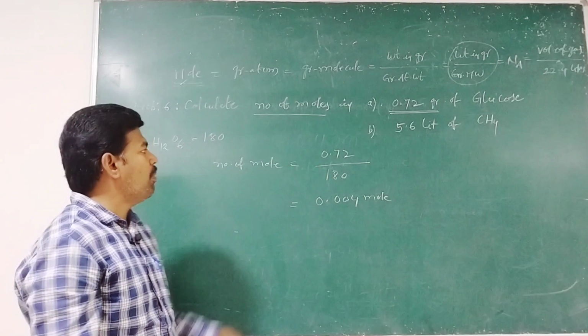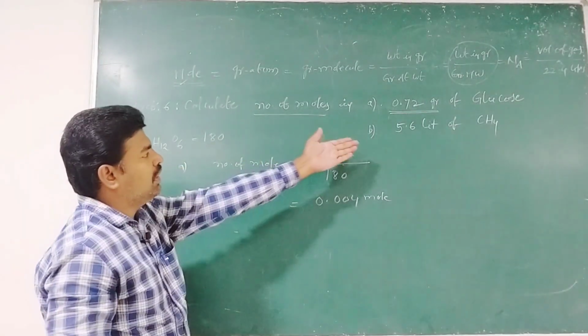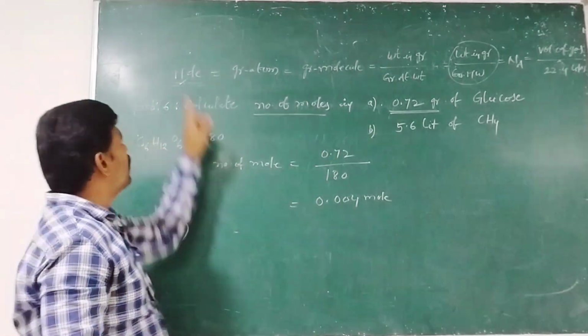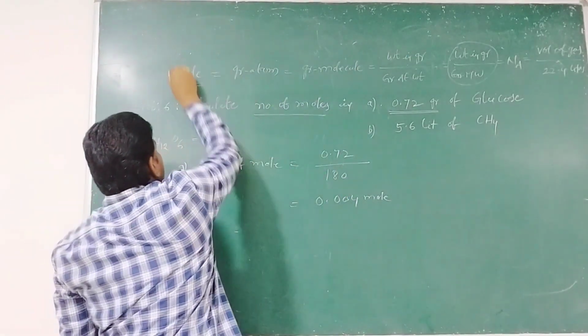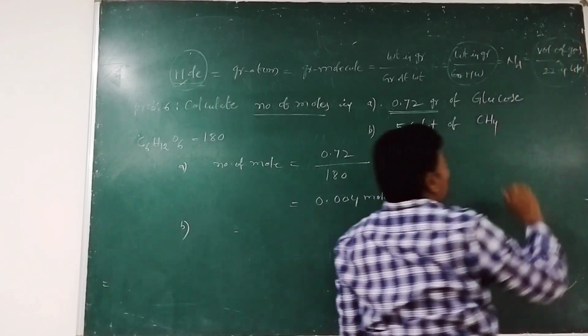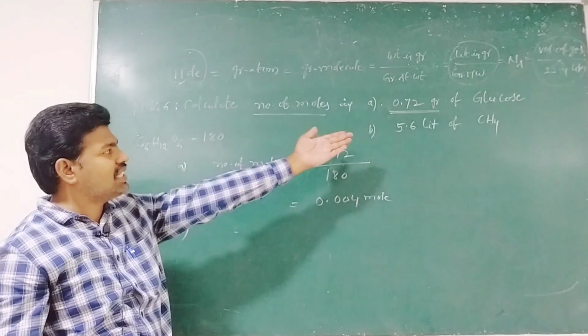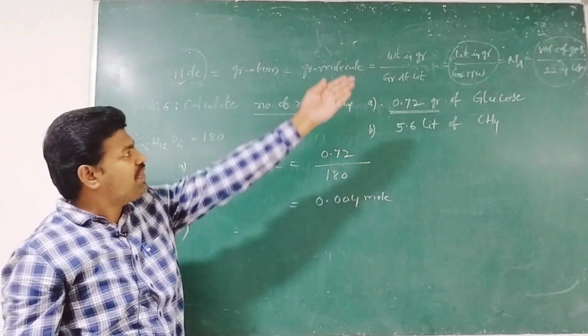And another problem, part B: number of moles in 5.6 liters of CH4. We know number of moles is equal to volume of gas by 22.4 liters. They gave 5.6 liters of methane. Then you just substitute these values in this equation.